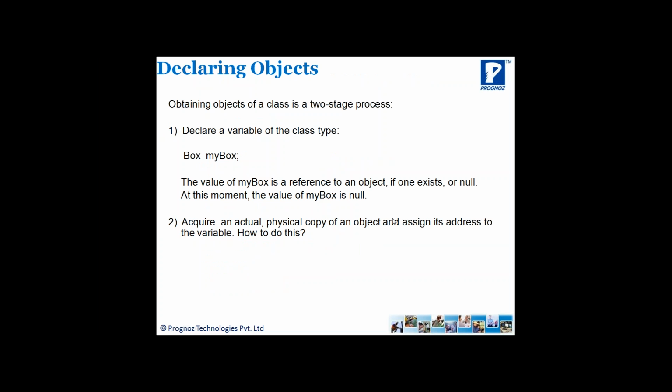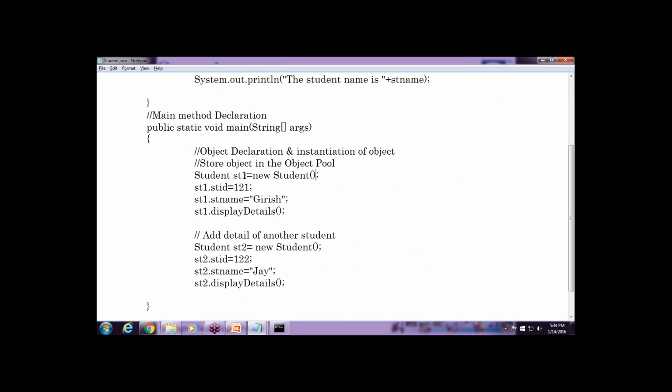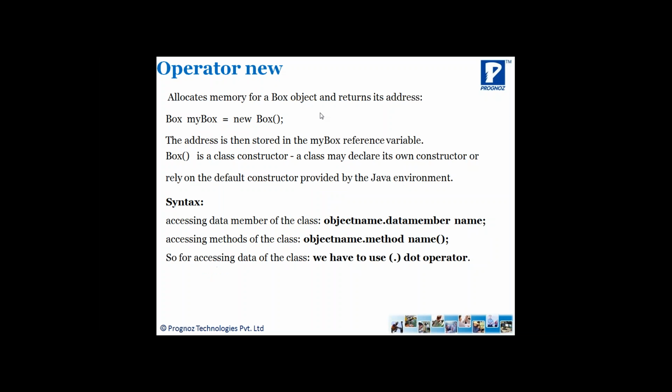Acquire an actual physical copy of an object and assign its address to the variable. How to do this? By allocating memory for a Box object. That means I created an object. For allocating memory for an object, we write new Box. The new address is then stored in the myBox reference variable.